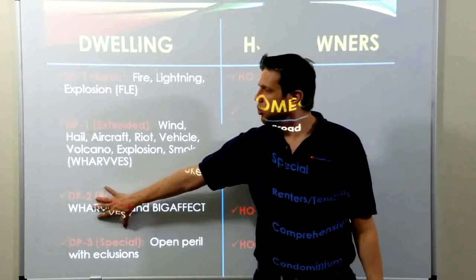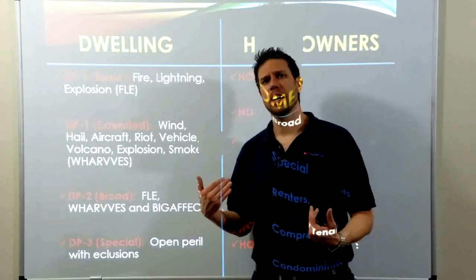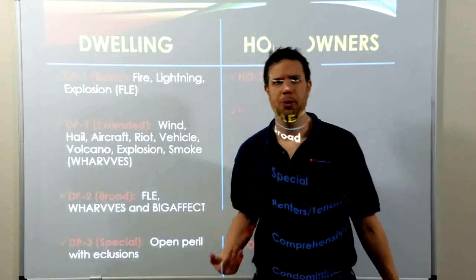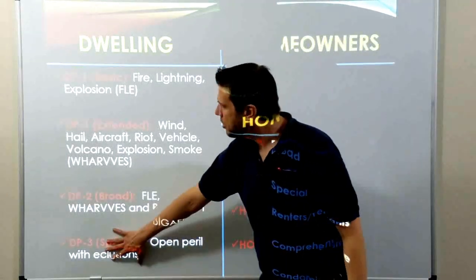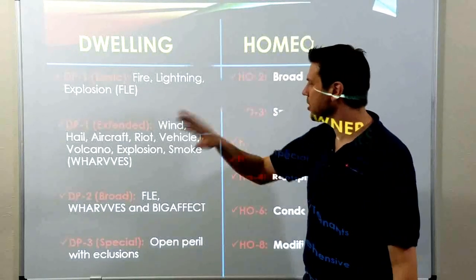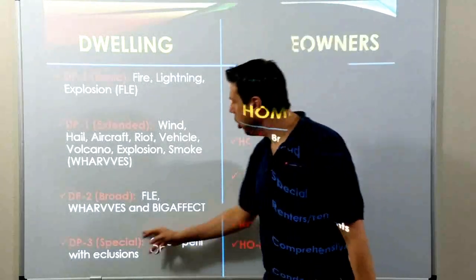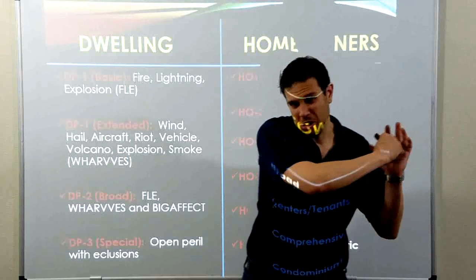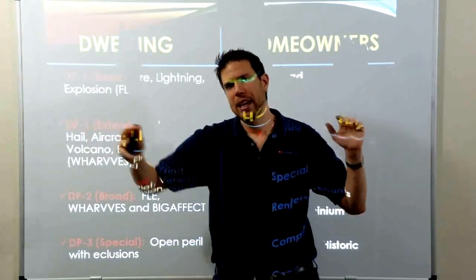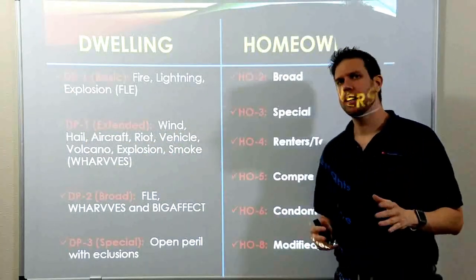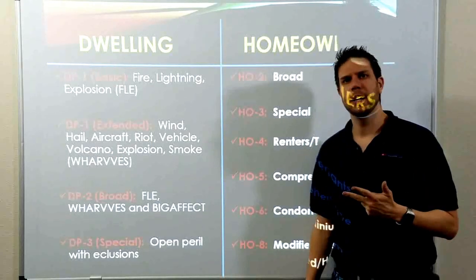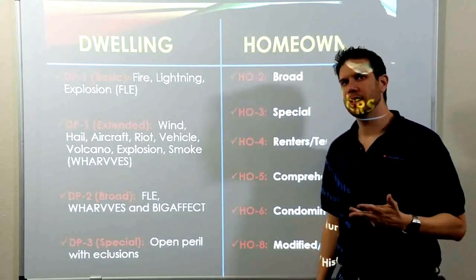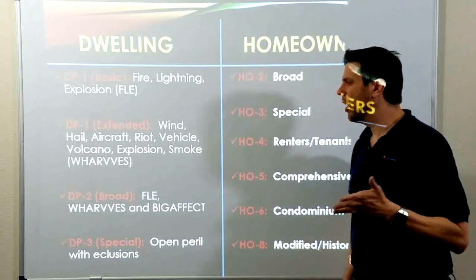The DP2 broad also allows your own 16-year-old daughter to hit your house. That's covered. And then DP3 special protects your rental property or your secondary home on an open peril basis. It covers everything except what is excluded, such as earthquake, flood, underground pipes, intentional losses, wear and tear.